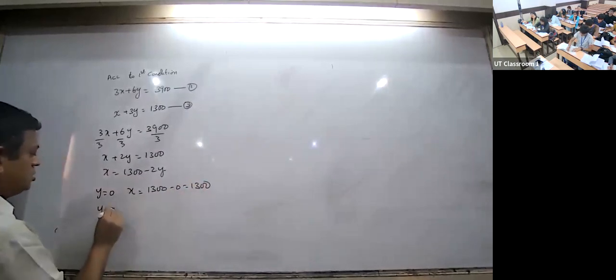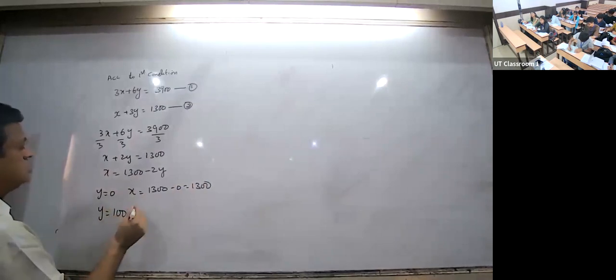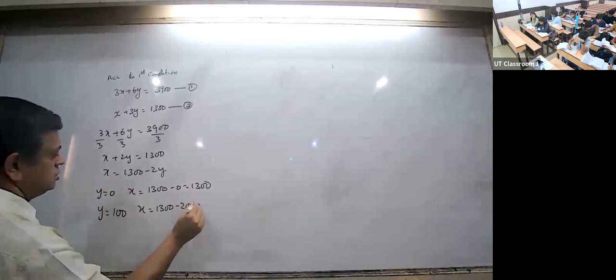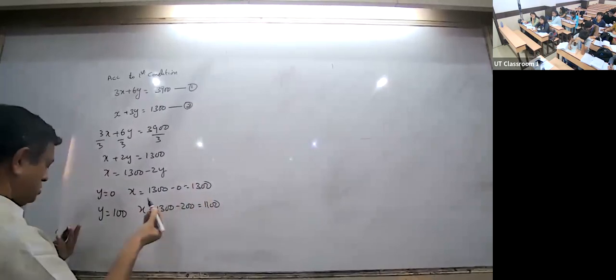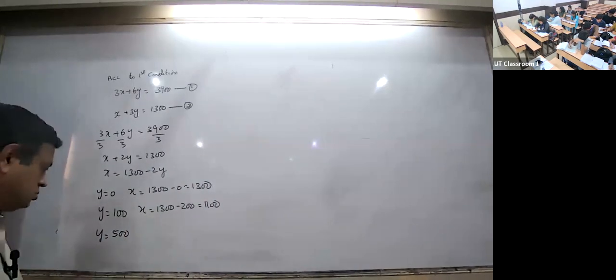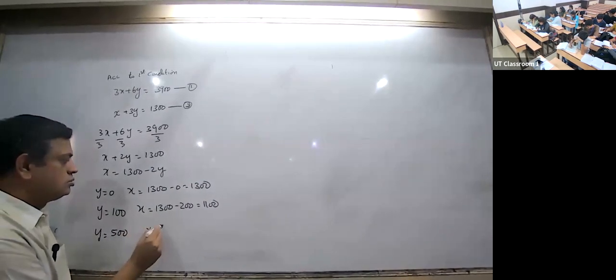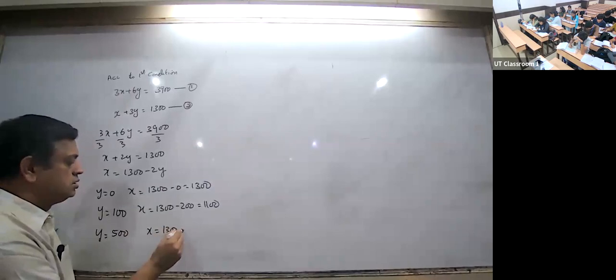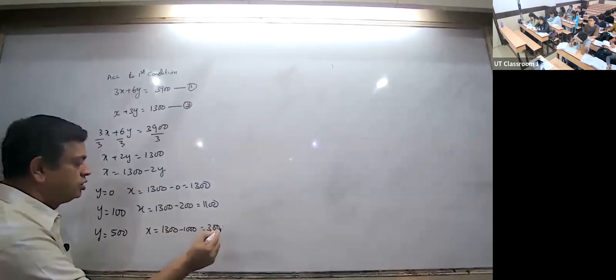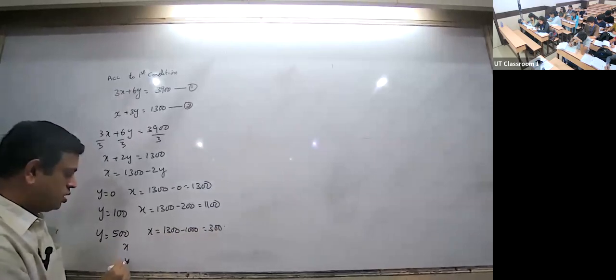Let's say y is 100, x is 1300 minus 200, that is 1100. Let's say y is equal to 500, x is equal to 1300 minus 1000, that is equal to 300. Hope you got it.